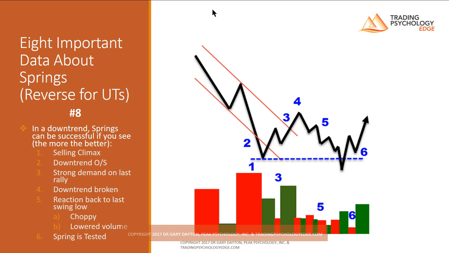The more, the better, okay? So let's go through them. The first would be a selling climax. We talked a little bit about that in the gold charts. Climactic action down in here to stop the down move.